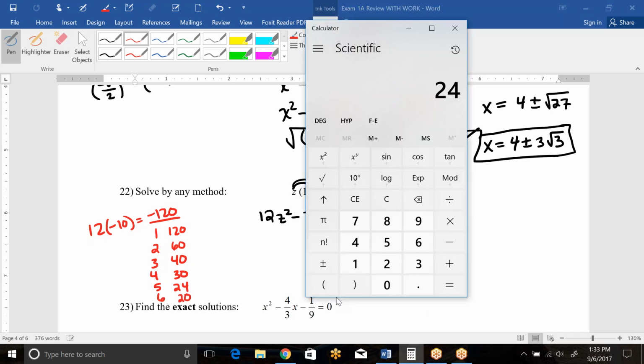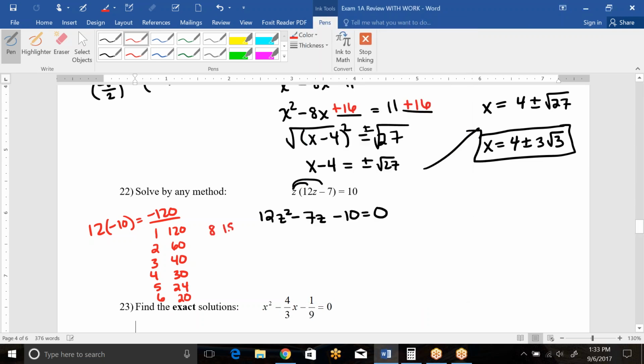Gotta keep listing. Does 7 go into 120? I don't believe so, but we're gonna double check. And 8 and 15. And actually I can stop there because I already know that's my pair. They need to have a difference of 7, and it's gonna be negative 7, so it's a positive 8 and a negative 15. So 12z squared minus 15z plus 8z minus 10 equals 0.